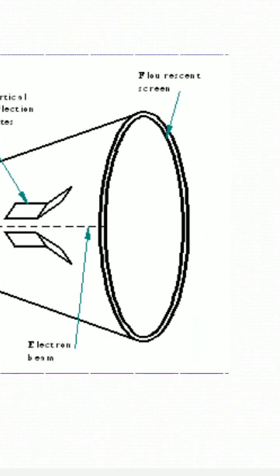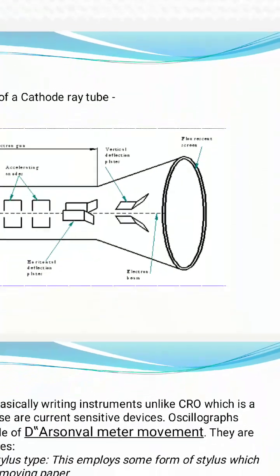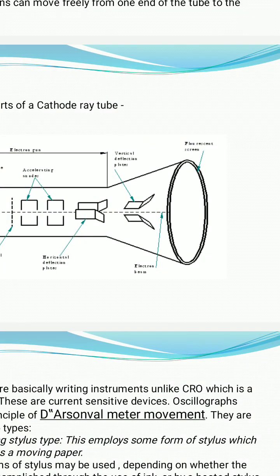This screen has a phosphor coating from inside. As soon as the electron beam falls on the phosphor coated screen, the point at which the beam falls starts glowing. Glowing means shining. The point where the beam falls on the screen starts shining, correct?